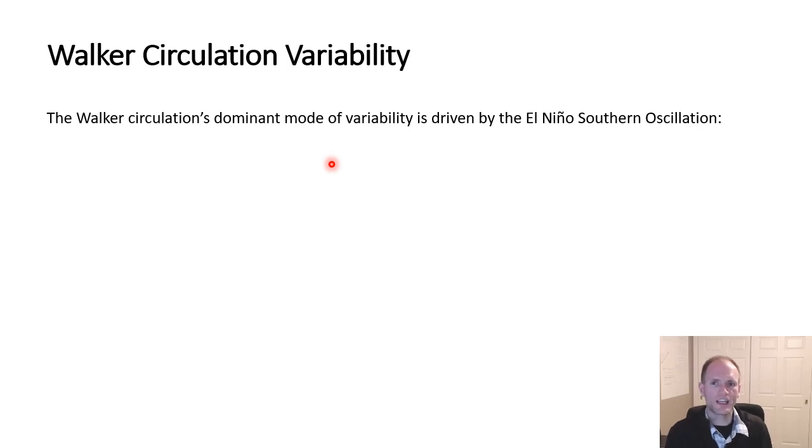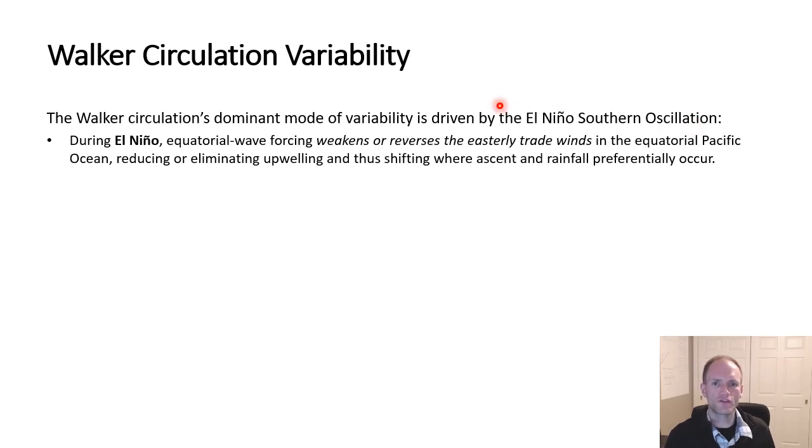The most common or the most predominant form of variability in that basic structure is associated with the El Niño Southern Oscillation, or ENSO, which is a 2 to 5 year variation between relatively warm conditions in the east and central Pacific associated with El Niño and relatively cold conditions in the eastern and central Pacific associated with La Niña. And we'll talk a lot more about El Niño and La Niña in our next couple of videos for that matter. But here as a very brief introduction, we'll describe how this varies between El Niño and La Niña.